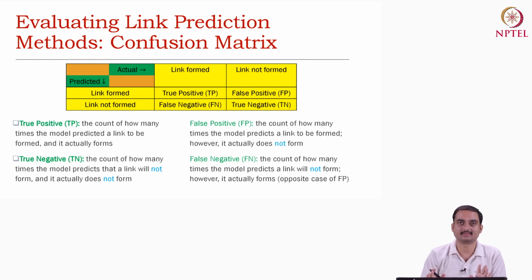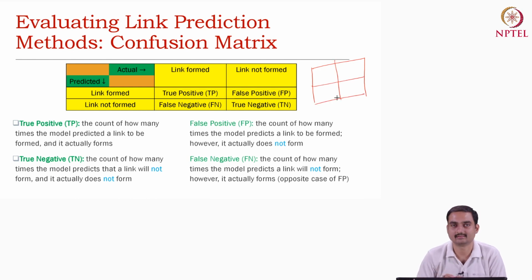If you are not familiar with this, I will briefly explain here. In a confusion matrix for a binary classification problem, the rows indicate actual labels and the columns indicate the predicted labels, okay.